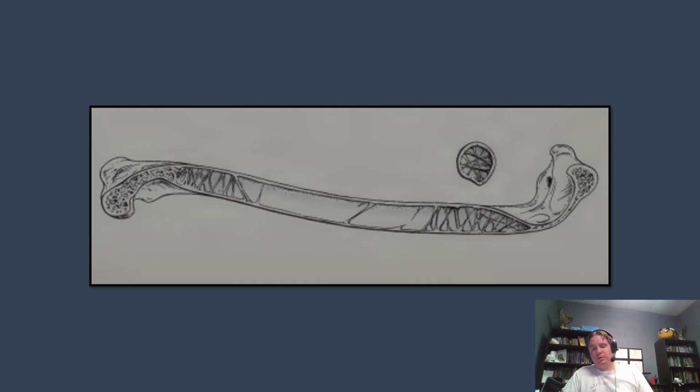Some of the things you might notice here in this hollow bone are that it has strut-like features running through it, and they're at different angles, which you can see best in the cross-sectional diagram here. Imagine taking a cross-section about right here, and you're looking at all these struts running at different angles.